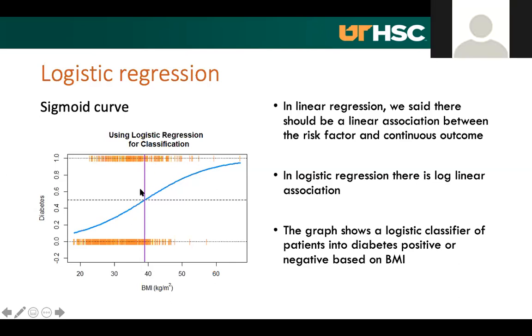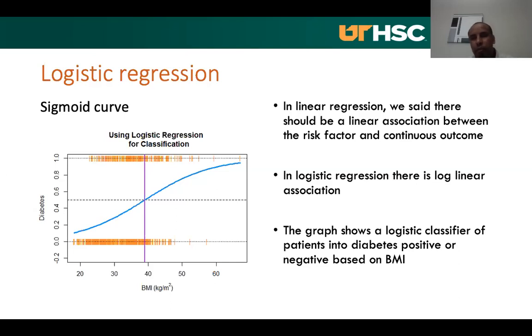And this vertical line is at a point where there is a 50% probability of having the risk of diabetes, and it can be used for classifying participants into diabetes or non-diabetes.